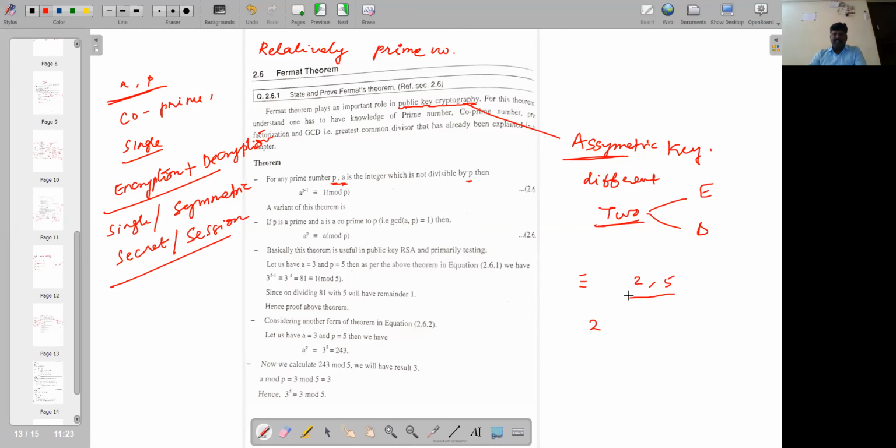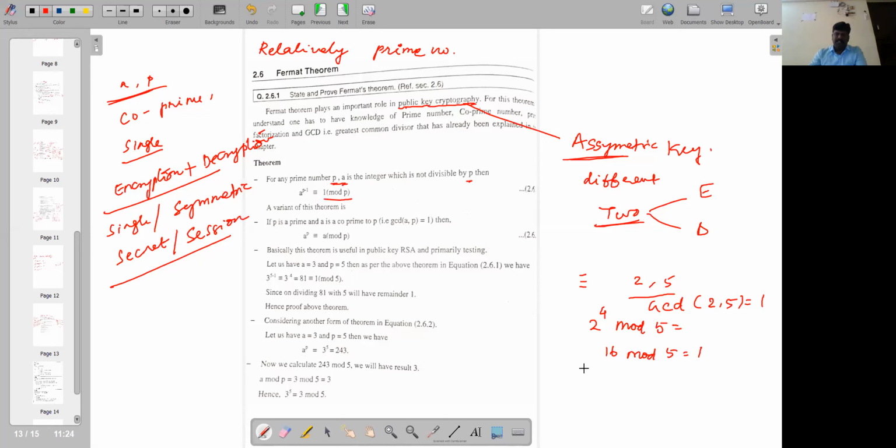These two are relatively prime; the GCD of 2 and 5 is 1 only. So 2 power p minus 1, which is 2 power 4, which is 16. 16 mod 5 is 1, which is congruent to 1 mod p.